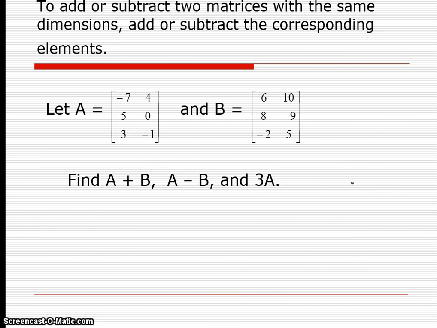To add or subtract 2 matrices, first off, they have to have the same dimensions, and then you're just adding or subtracting their corresponding elements.